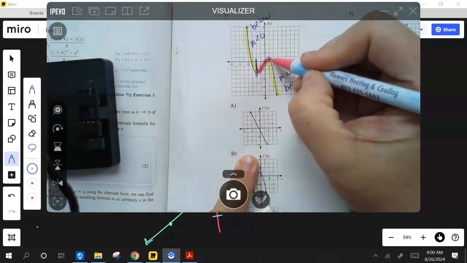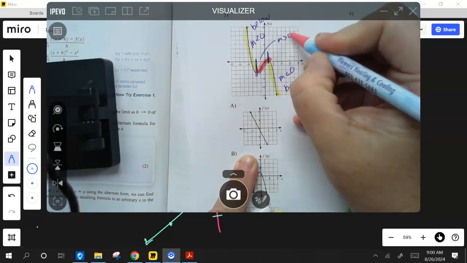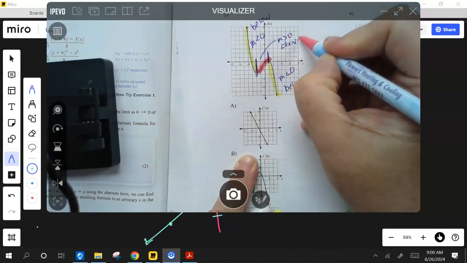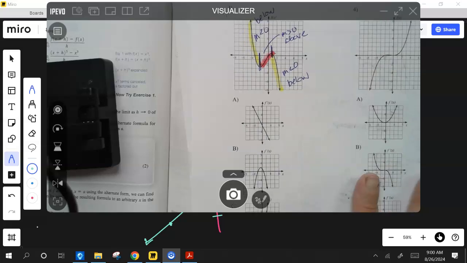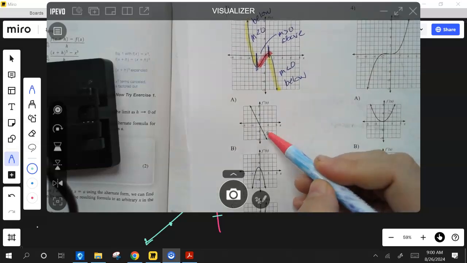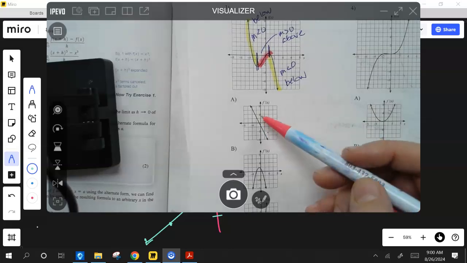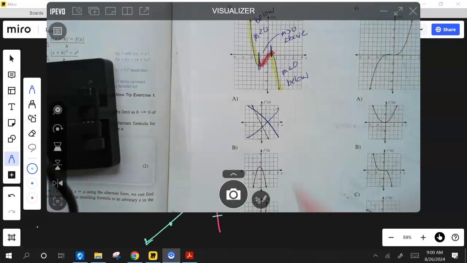Between -2 and 1, I'm positive and I'm above. All right, look at A. Could A be the graph of the derivative? No, because it doesn't go below, above, below. It's always negative.